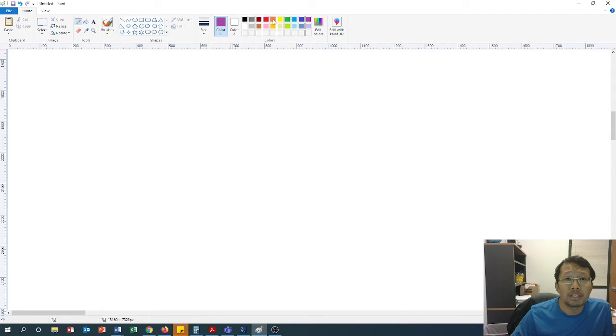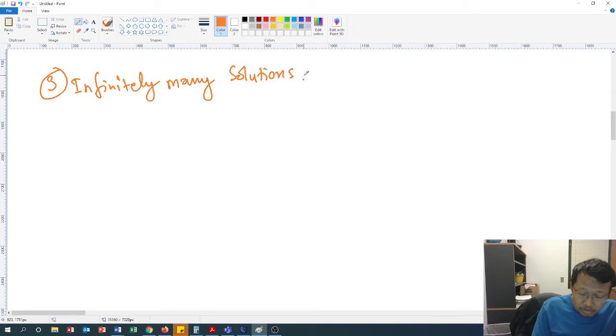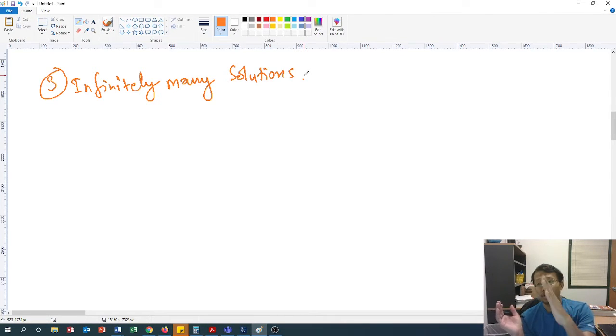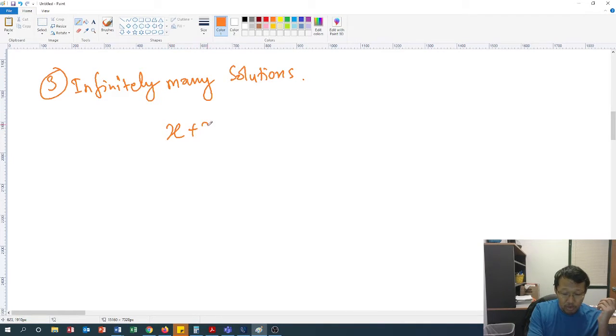The third type is infinitely many solutions. This kind of straight lines are actually overlapping each other. So you have one equation and you are overlapping it with another. Something just like x plus 2y equals -1 and -2x minus 4y equals -2.